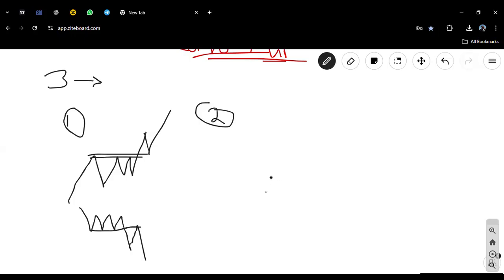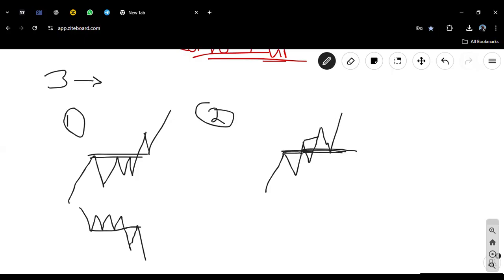For example, this is our break here, our break of structure. And then you find the market closing inside, and then closing above, breaking this previous high. So we can use this level here as our entry point.